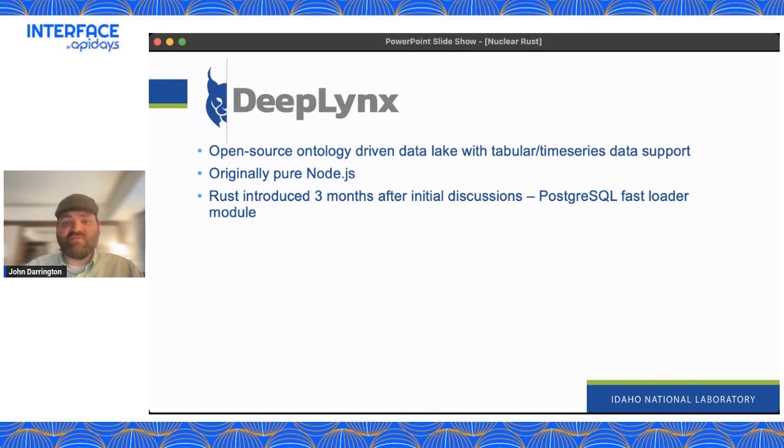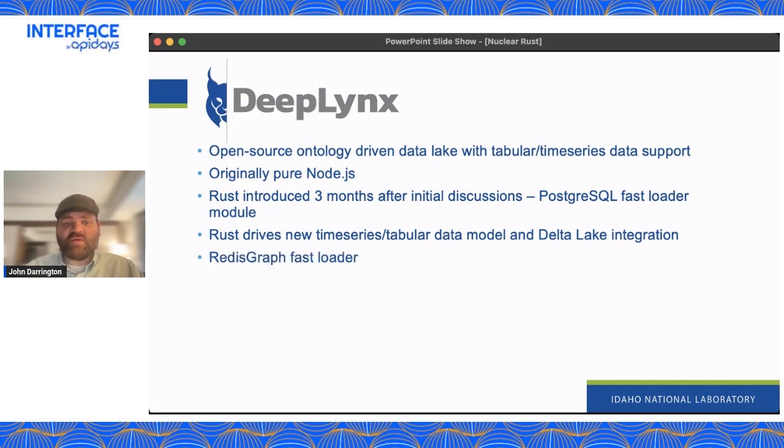And so we were doing very good with loading this onto a single node, and Rust allowed us to do that. Rust also drove our time series and tabular data model and our Delta Lake integration. If you're not familiar with the Delta Lake technology, I highly recommend it for data integration and data warehouses.